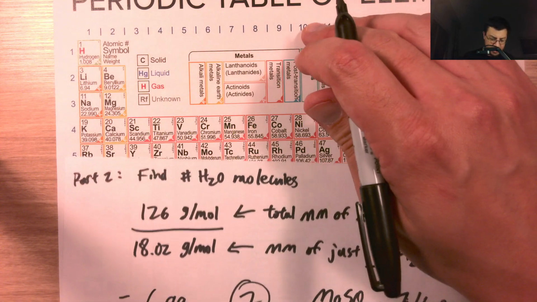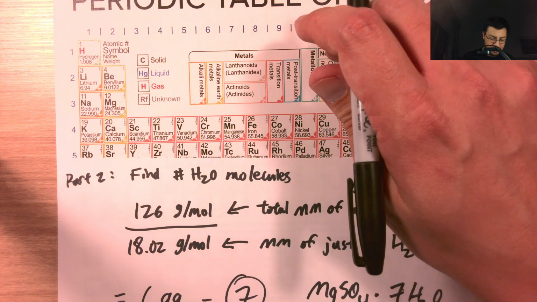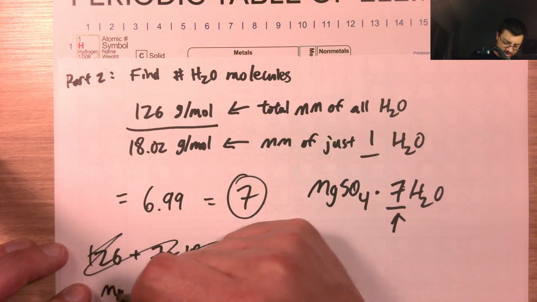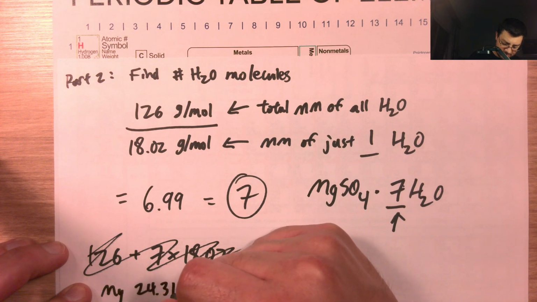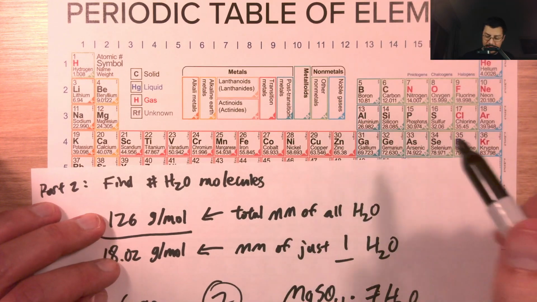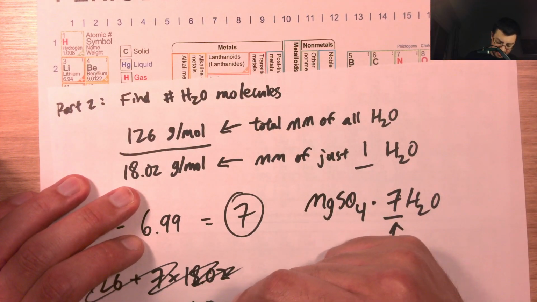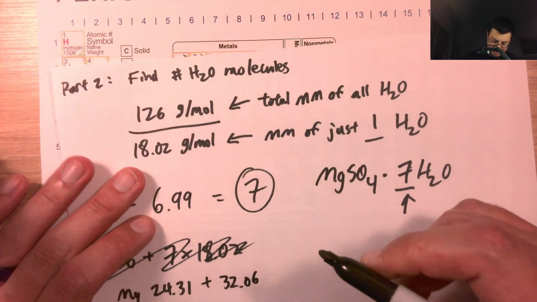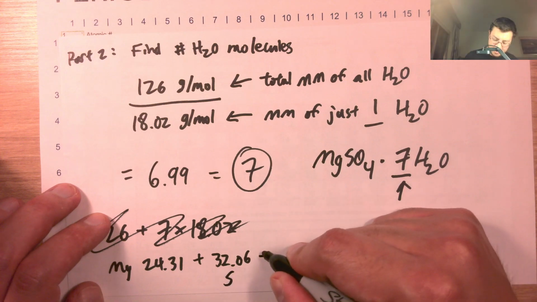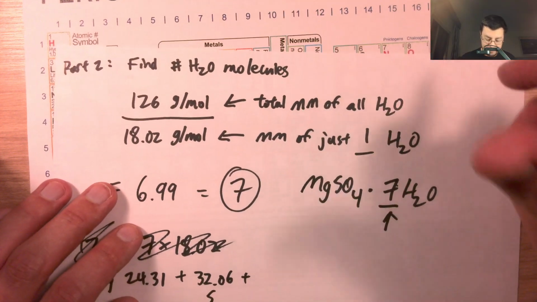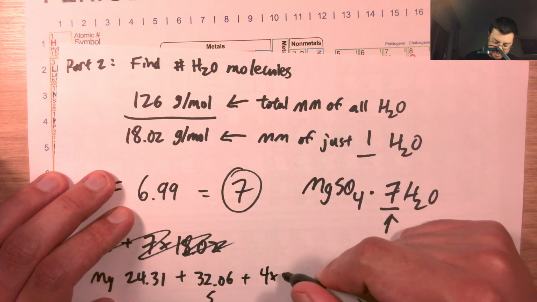But let me see if this works for magnesium sulfate. So let's see, 1 magnesium is 24.3031. All right, and then I have a sulfur at 32.06. Okay, that's sulfur. Oxygen 16.00. I need 4 of them.